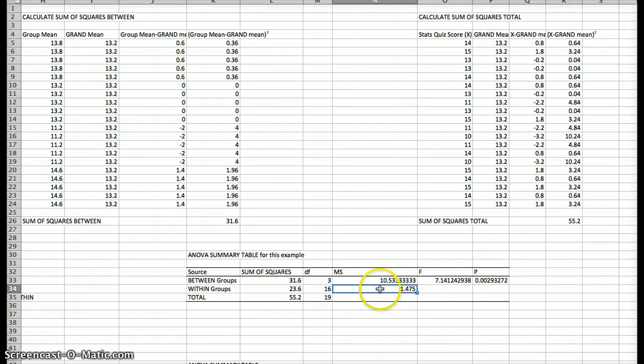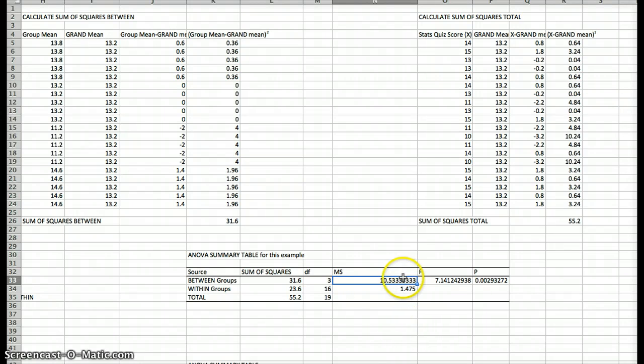All right. So now to get our F ratio, we're comparing between group variation with within group variation. In this case, our estimate for random or natural variation is 1.475. If there were no difference between the groups, the between group variation would have to be around 1.475.